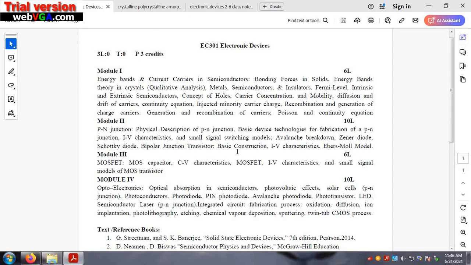Now we will discuss the module 2 syllabus. In this particular one, you will find the application of semiconductor materials.